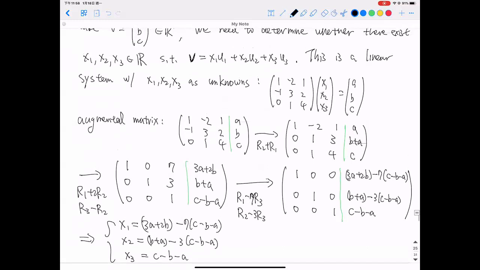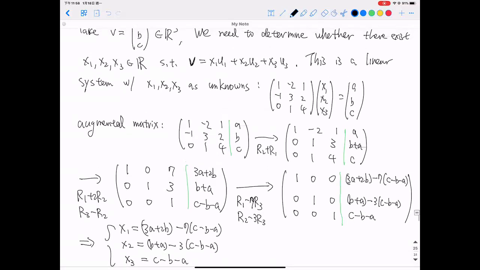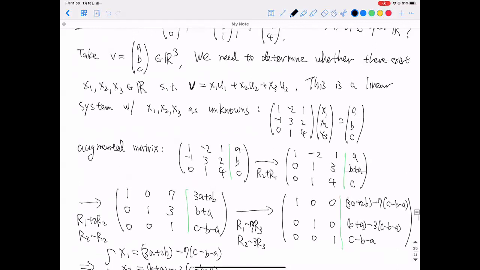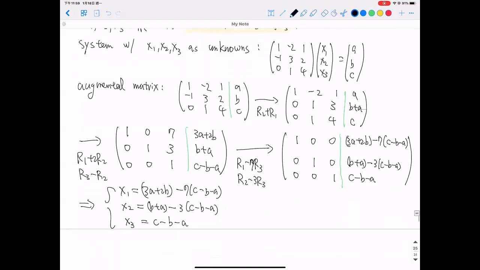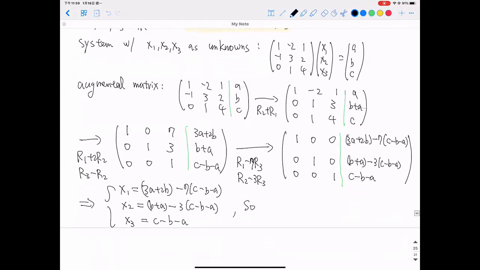The point is we've succeeded in solving the system, finding the x1, x2, and x3 as coefficients we need. So for any given vector v, we are able to write it as a linear combination of the u's. So u1, u2, u3 span R3. So R3 is equal to the span of u1, u2, u3. Very well.